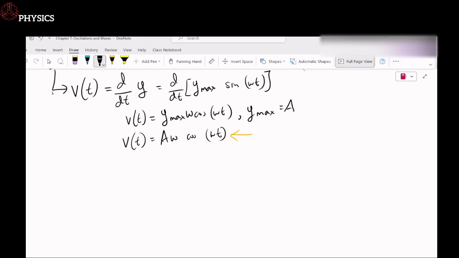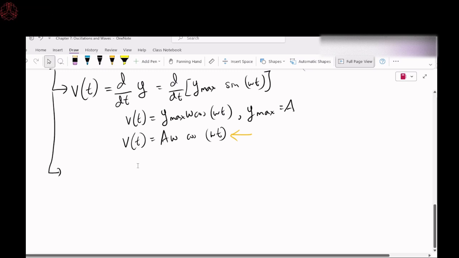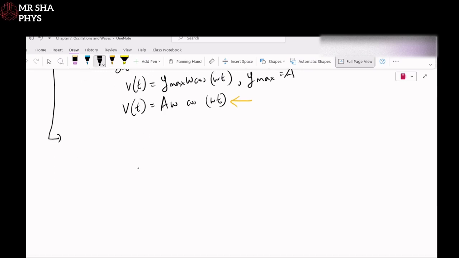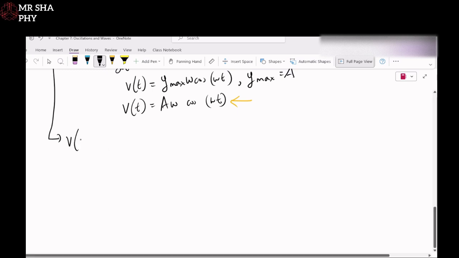The second velocity equation that we need is for when they ask you to determine the velocity when the object is, for example, 2 meters from the equilibrium. So we need a velocity equation as a function of displacement.